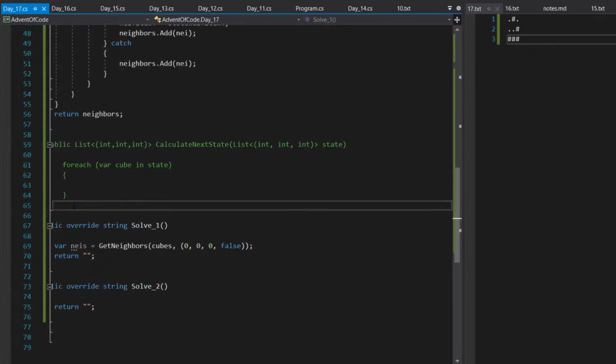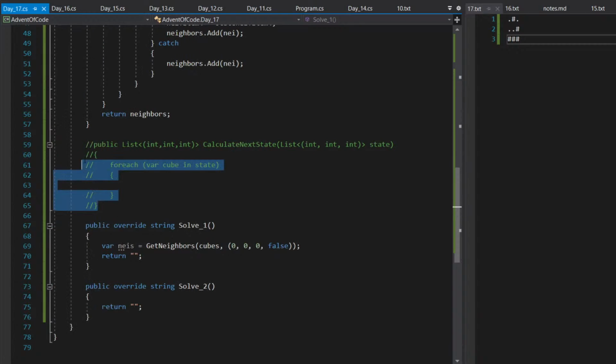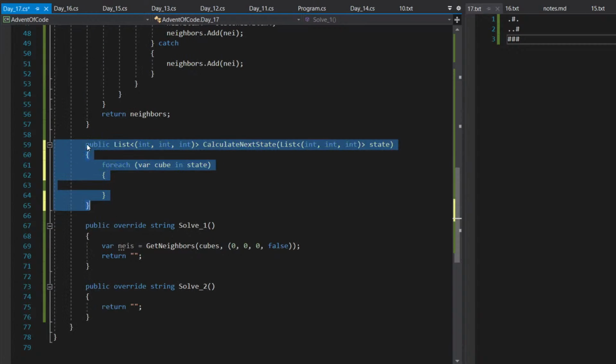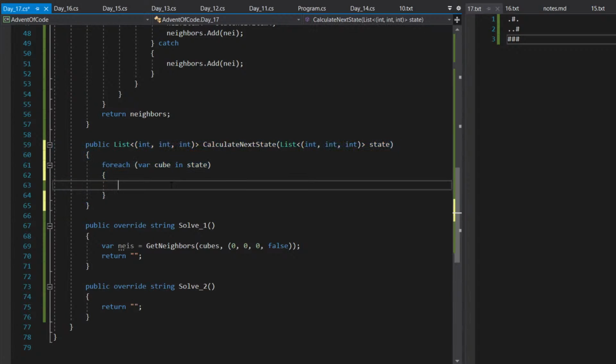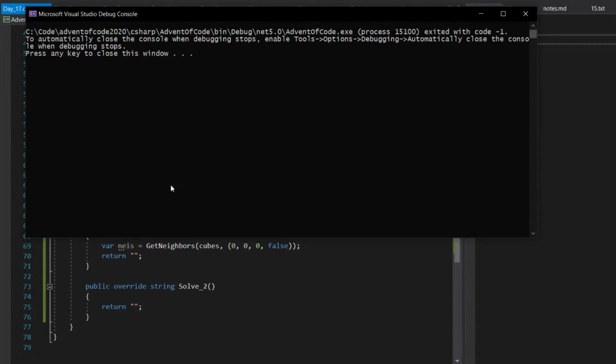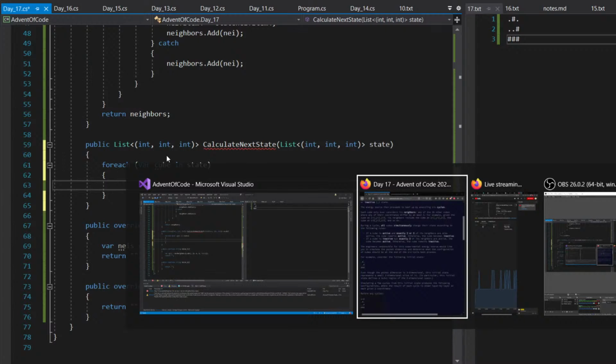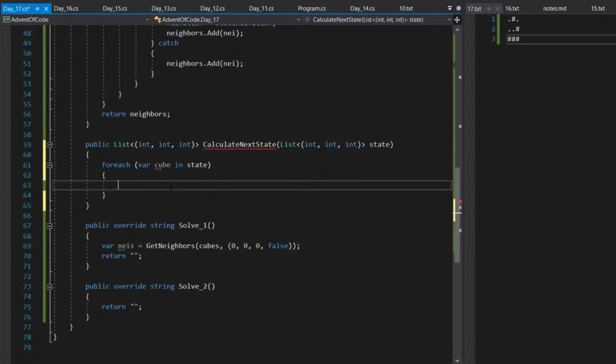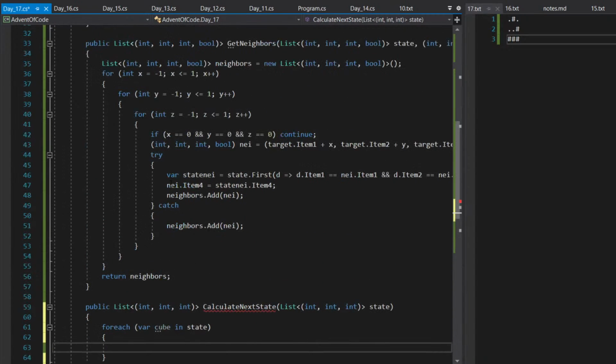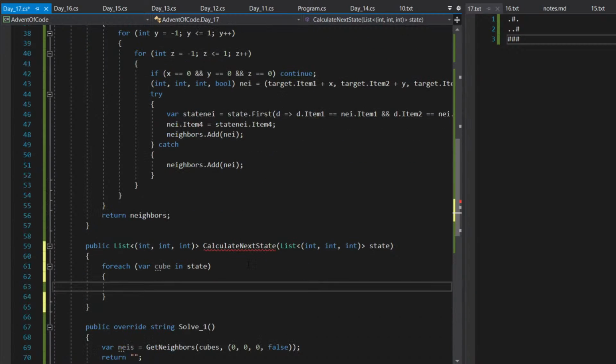All right, so next thing we need to solve is get next state. So we say for each cube in state, you know, it'd be nice.